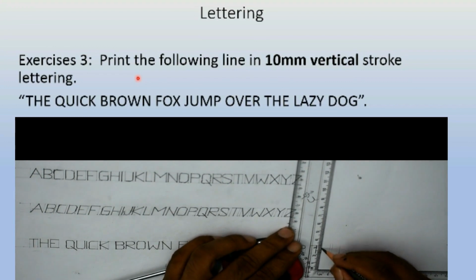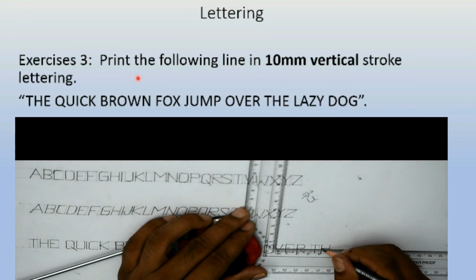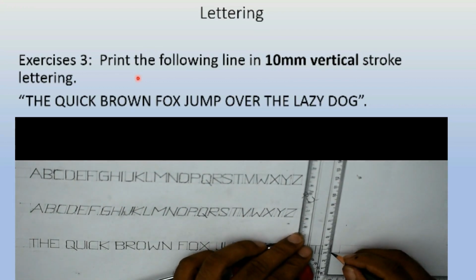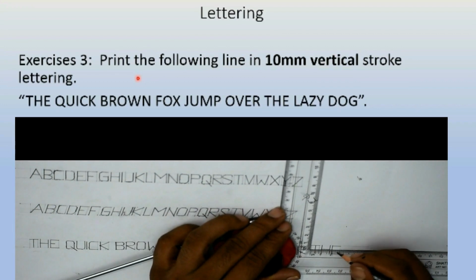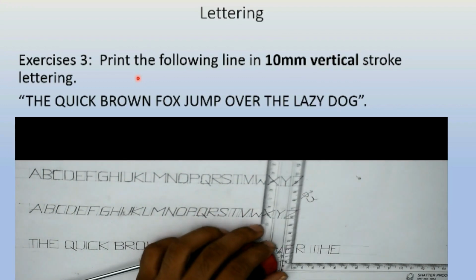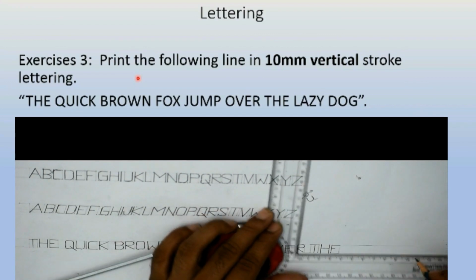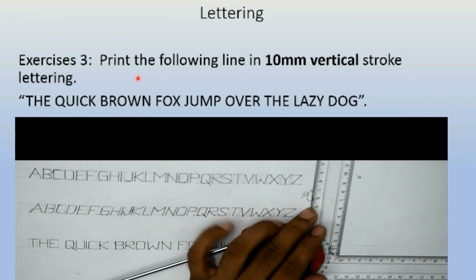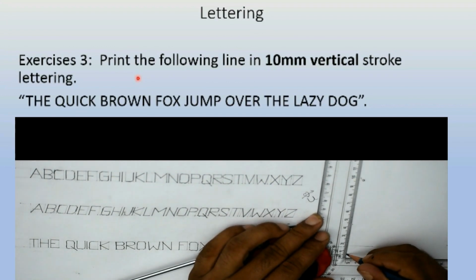This is T, H, E. Over the lazy dog. So the word has changed. Again 6 mm gap.